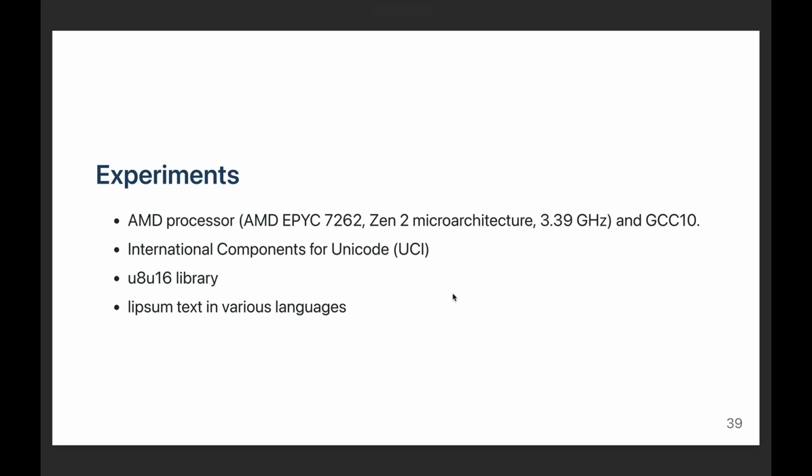As stated previously, there are alternatives, but the u8u16 library is part of the academic literature. We also compare with ICU, the industry standard. For our test, we use lipsum text, so random looking text in various languages. For more realistic cases, we can refer you to our paper.